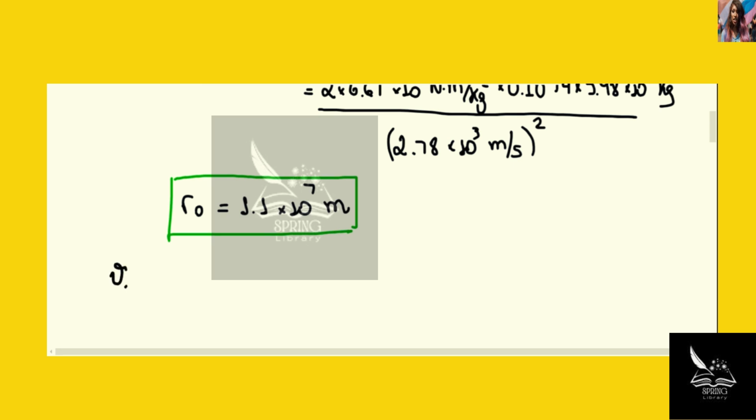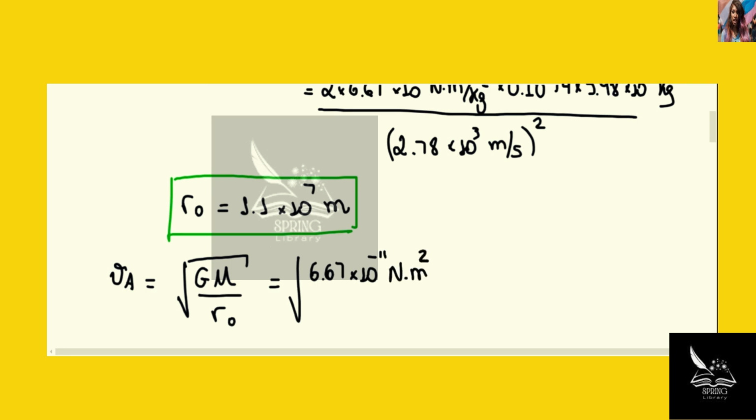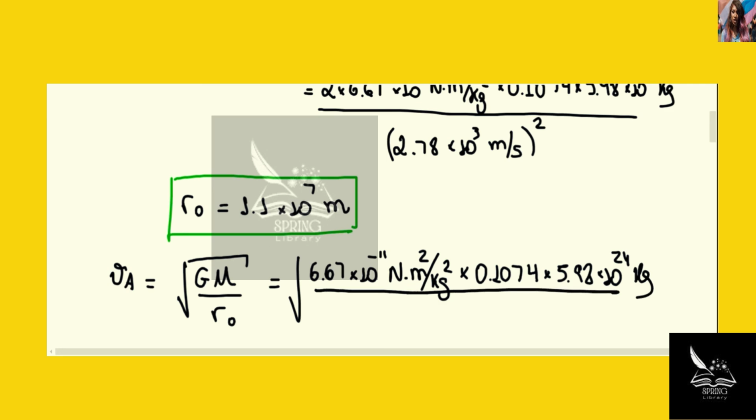Then we need to find what is the speed of the orbit that has a radius R0. According to what I said before, this is the square root of GM divided by R0. So this is the square root of 6.67 times 10 to the minus 11 newtons meter squared per kilogram squared times the mass, that's 0.1074 times 5.98 times 10 to the 24th kilograms, divided by 1.1 times 10 to the 7th meters.